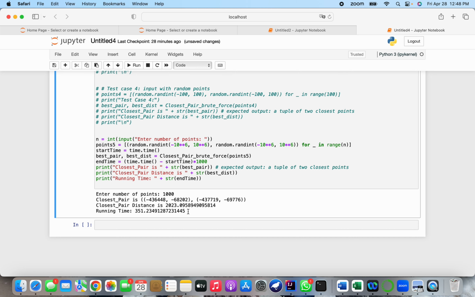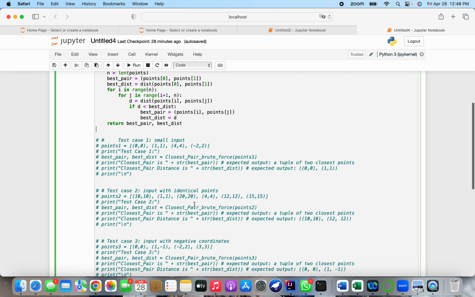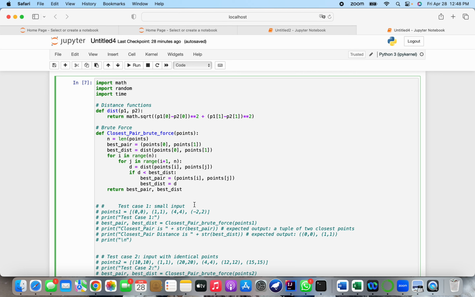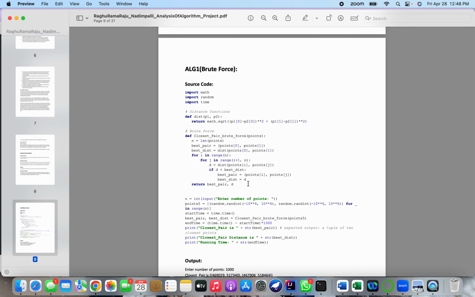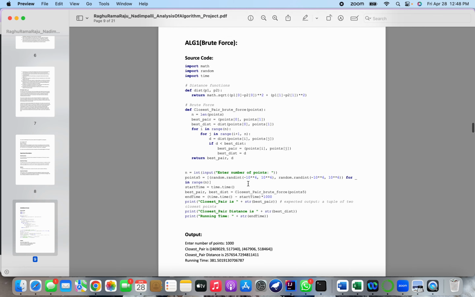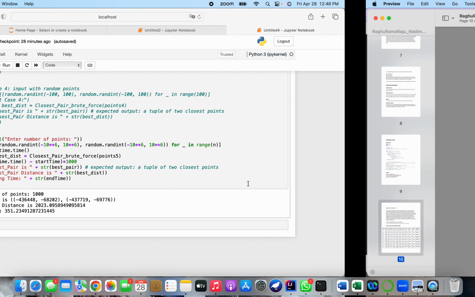That is a lot of running time, and we don't want this much running time for this simple code. So we wanted to optimize this algorithm, and that's where the divide and conquer algorithm comes into the picture. In a minute I will explain how divide and conquer works. So that's it. I have explained brute force, and the complexity is n square.